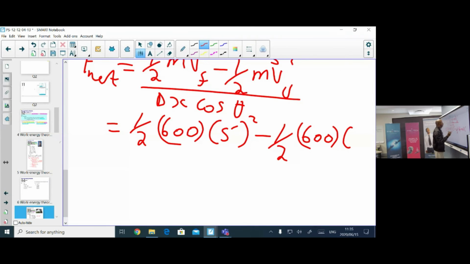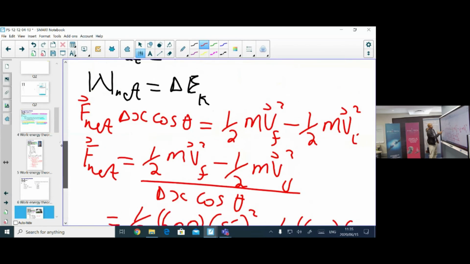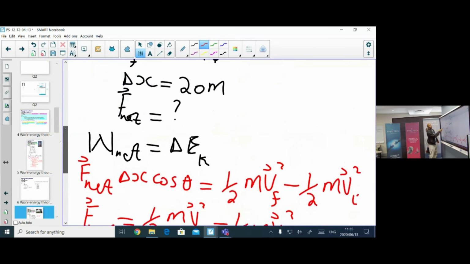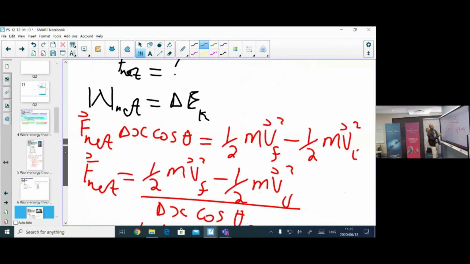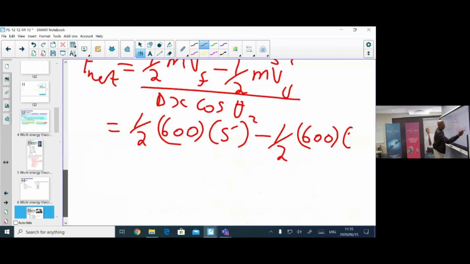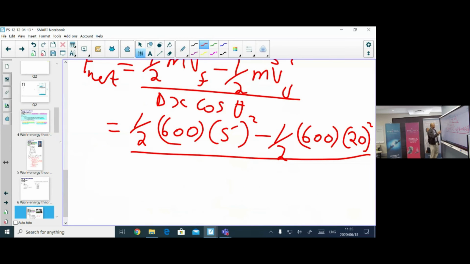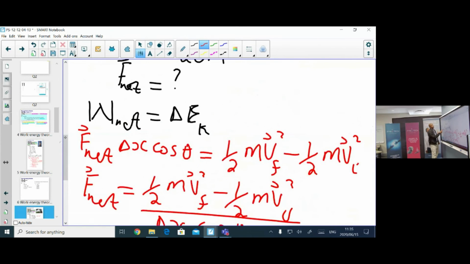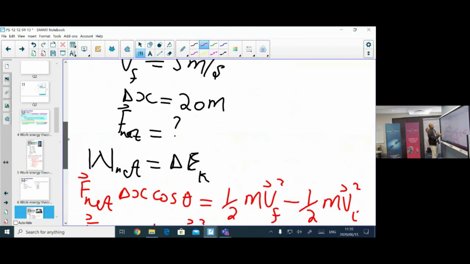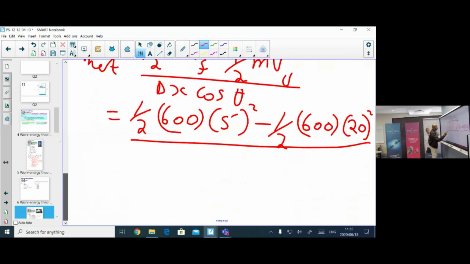What about the initial velocity? The initial velocity there is 20 meters per second, which is 20 squared, divided by. What about the distance? The distance that we had is 20 meters multiplied by cos.